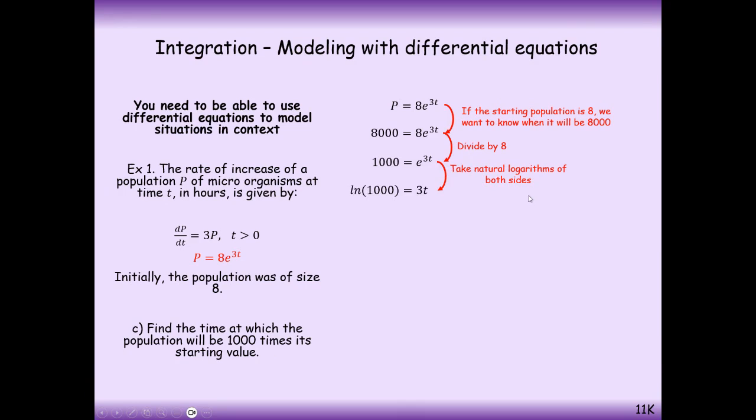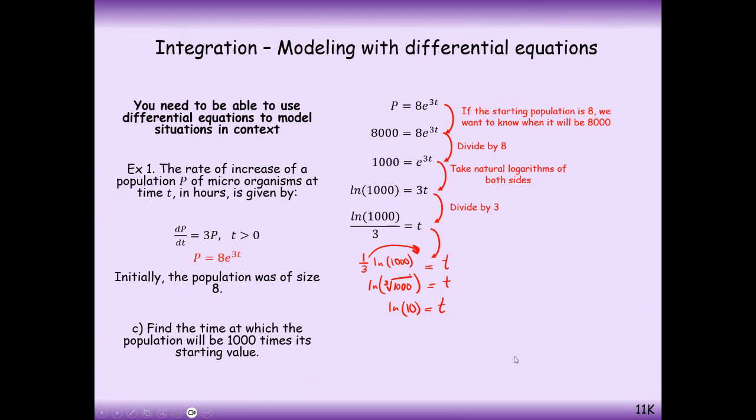So we'll have log of 1000, we'll divide by 3, and at this stage we can distribute the 1/3 onto the logarithm of 1000, and that means, with logarithm rules, bringing the power here, and we know 1000 to the power of 1/3 means cube root of 1000, and cube root of 1000 is simply 10. So t will be log of 10 when the population is 8000.